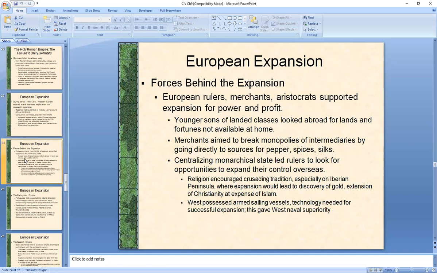So it gave opportunity to some of these people, like the landed aristocrats, and people who had no money, had nothing to lose. So maybe they could make something of themselves in the new world. Merchants wanted to break monopolies, and so they moved and colonized, looking for new sources for goods to sell, like pepper and spices and silks and all of that.